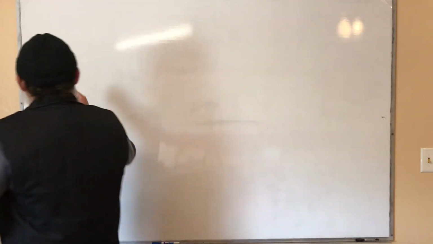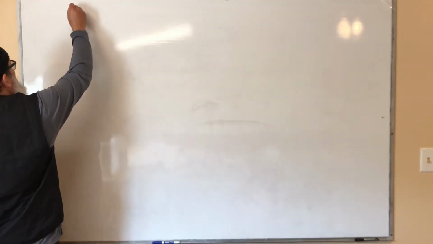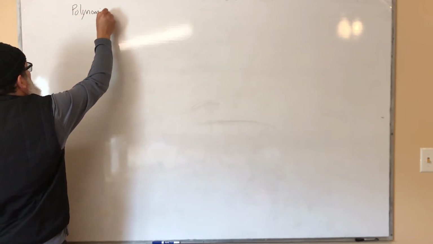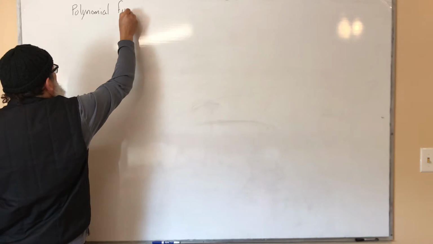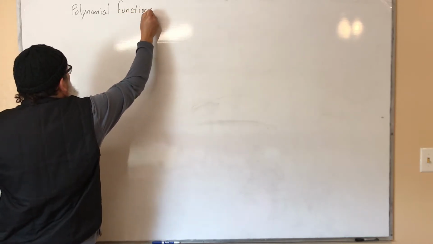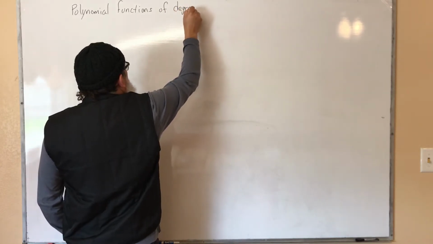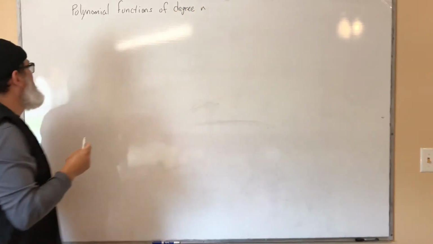Now, a polynomial function of degree n, on page 263, section 4.1, looks like this. Polynomial functions of degree n. Okay?